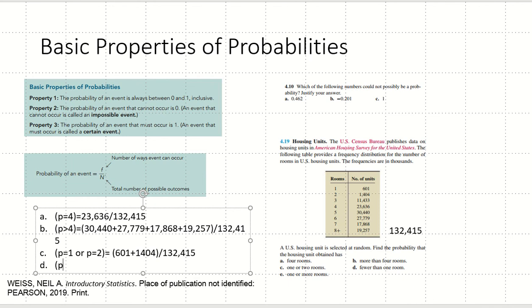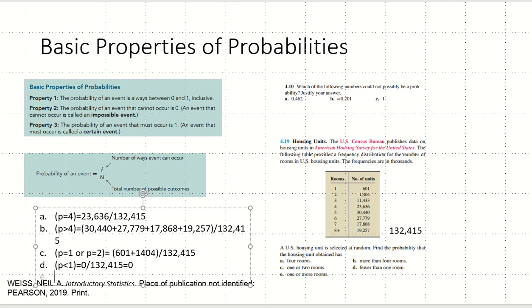We are not given a number for that, so it's going to be 0 over 132,415, which gives you 0.